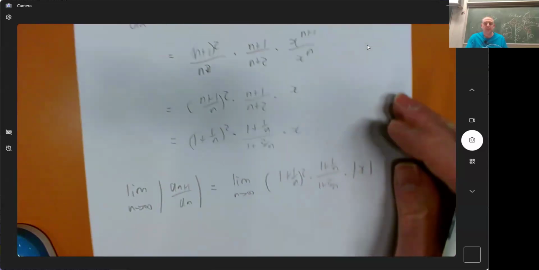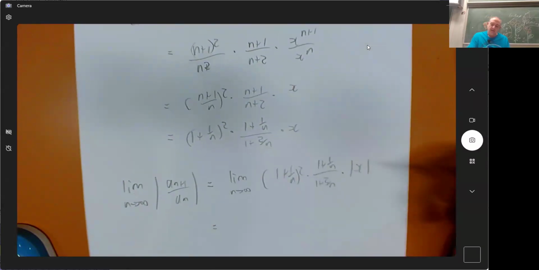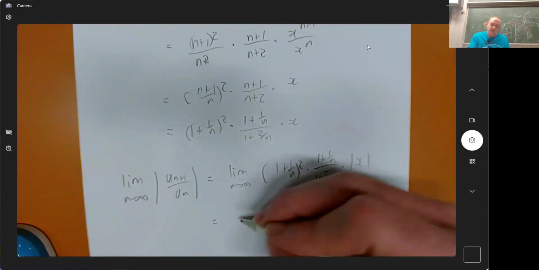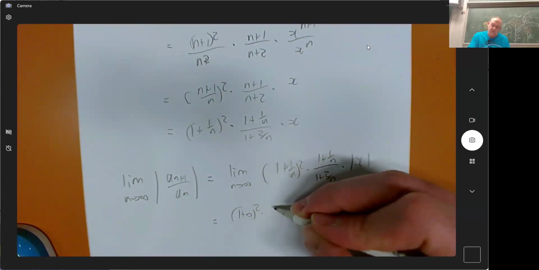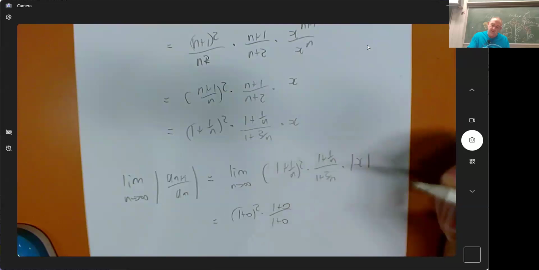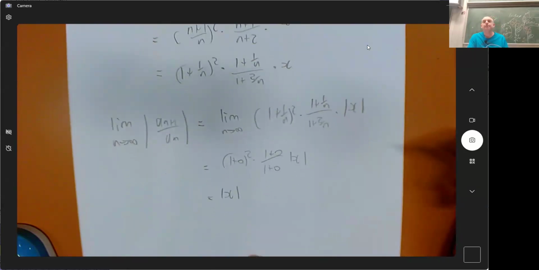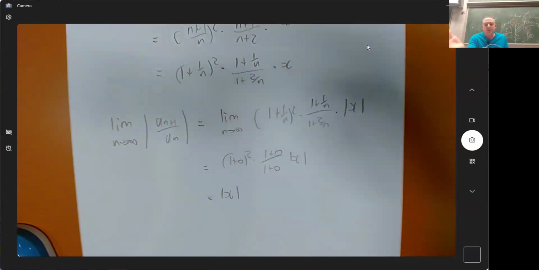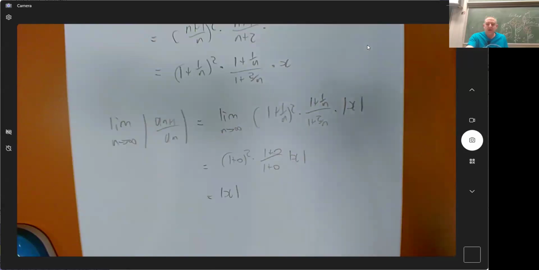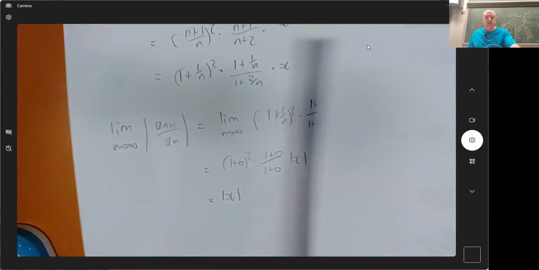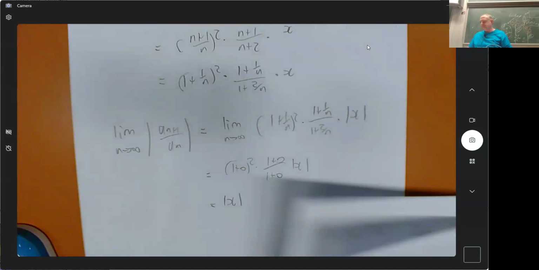And so we get (1 plus 0) squared times (1 plus 0) over (1 plus 0) times the absolute value of x, which is just the absolute value of x. And the original series will only converge if that answer is less than 1.